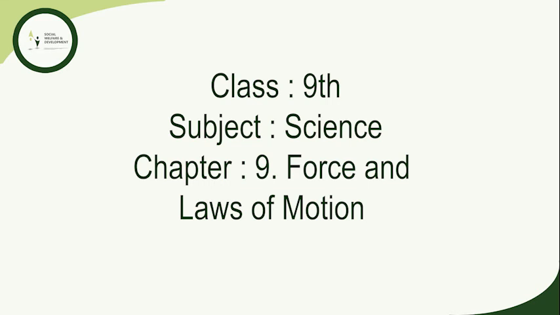Let v be the recoil velocity of the pistol. So total momentum of pistol and bullet before it is fired is (2 plus 0.02) kilograms into 0 meter per second, which would give us 0 kilogram meter per second. Now total momentum of pistol and bullet after it is fired will be 0.02 into 150 meter per second plus 2 into v meter per second.